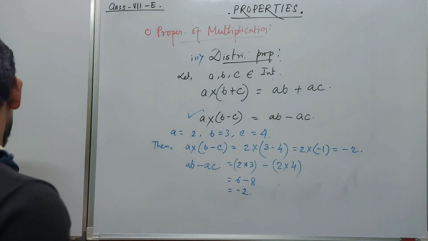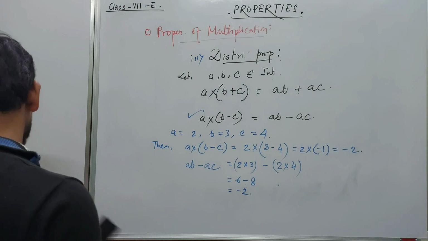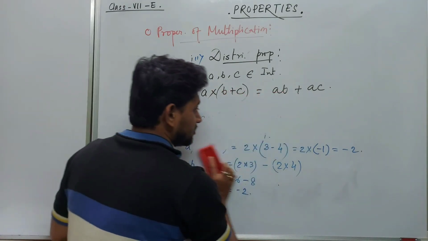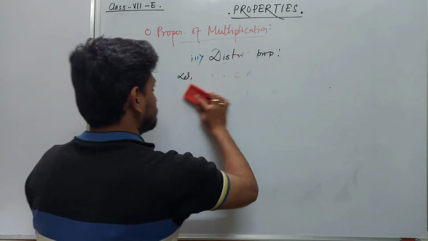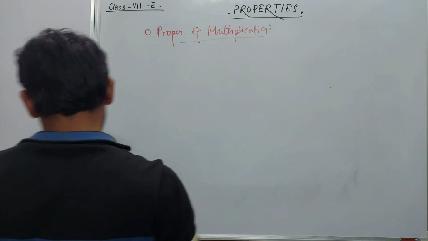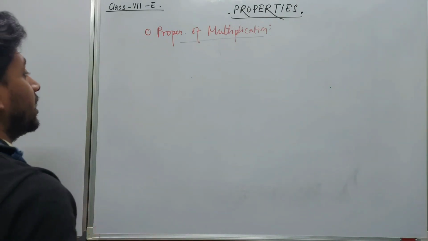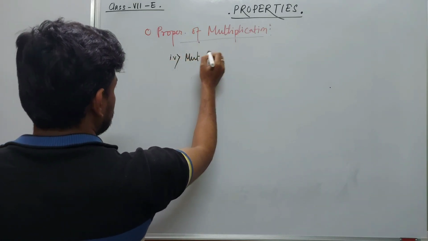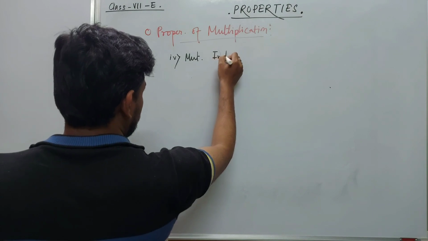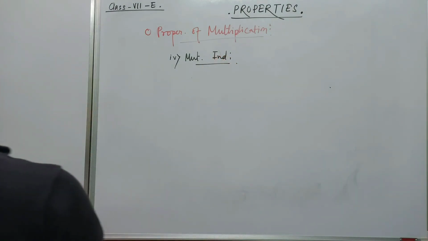Next part is multiplicative identity. Write down the name multiplicative identity. Point number 4. What is multiplicative identity?